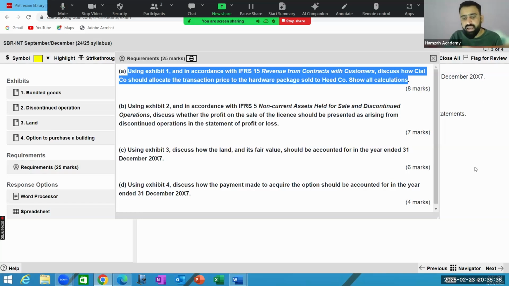So we need to allocate the transaction price to the hardware package which has been sold to Heat company, and we need to show all the calculation. So that is the requirement.